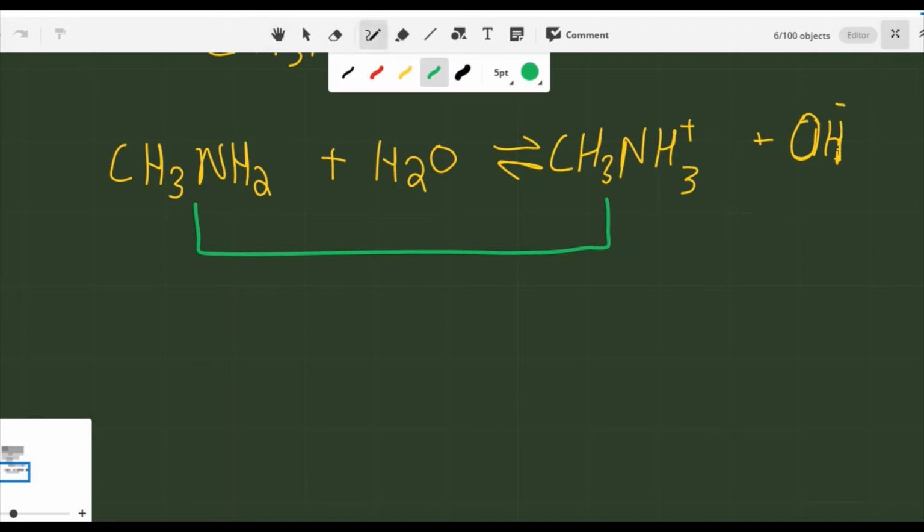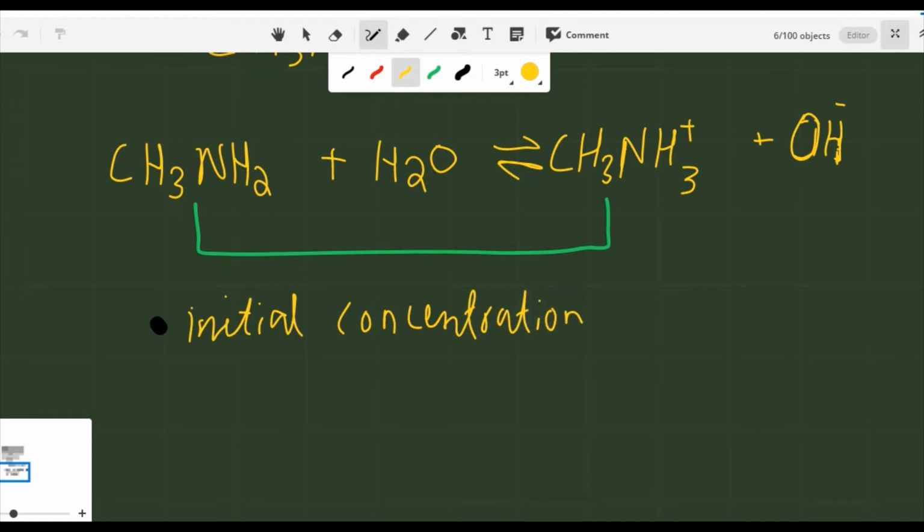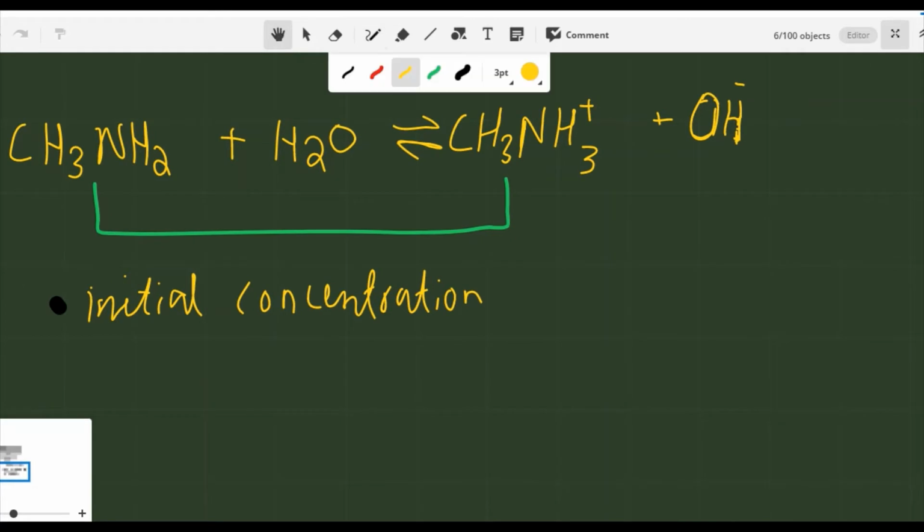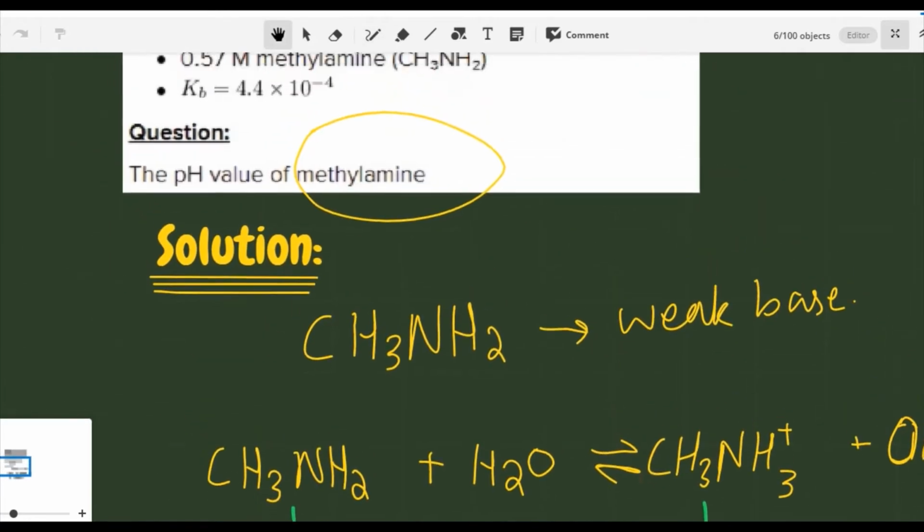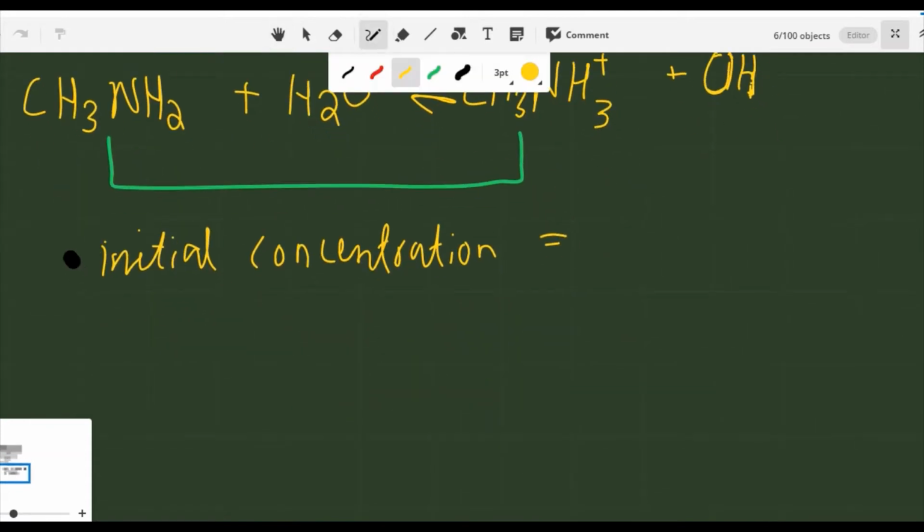First of all, the initial concentration that is given is 0.57 molar of CH3NH2.